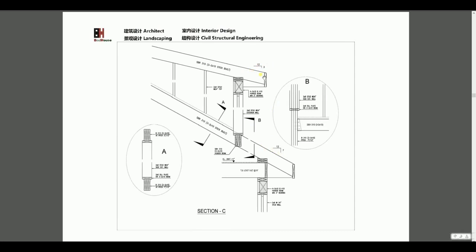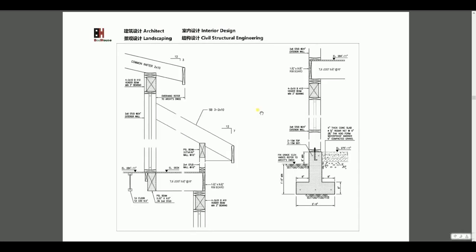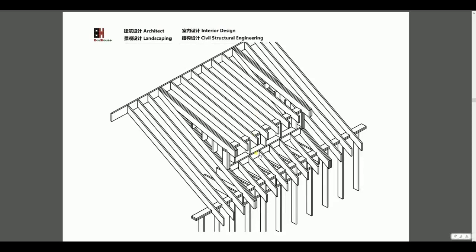The dormer slope is 3:12, but the main slope is 7:12, so we'll raise it up. This is a 3D to show how to frame the shed dormer.